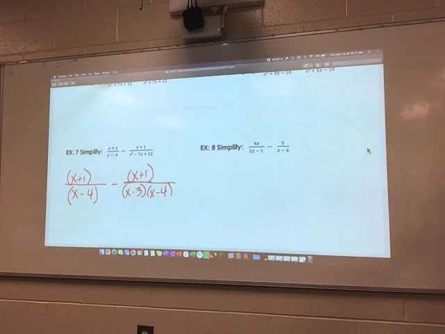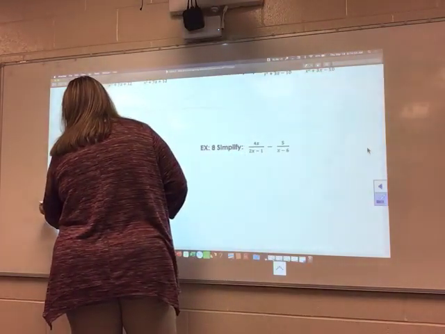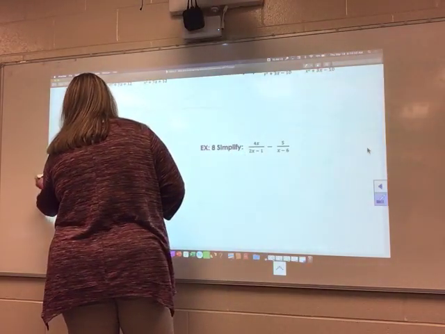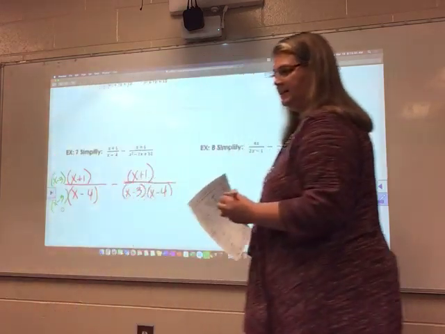I've got x minus 3 and x minus 4 on the right. So x minus 3 and x minus 4 is my common denominator. Do you agree? Because the only thing that's missing on the left-hand side is x minus 3. So if I need x minus 3 here, then I also have to multiply it by the top part. Does that make sense?